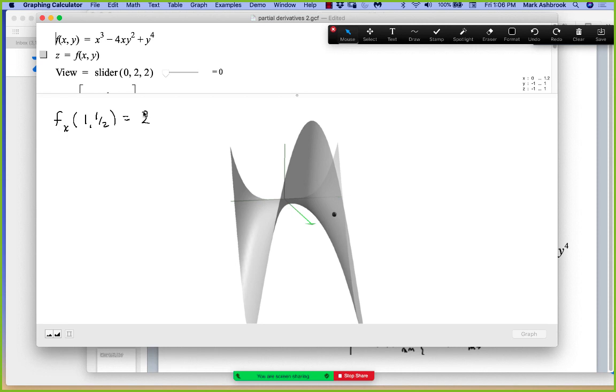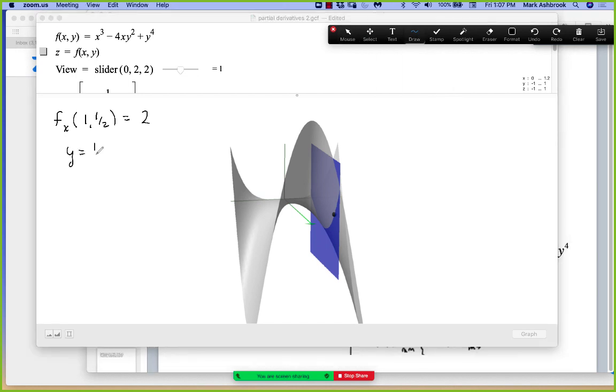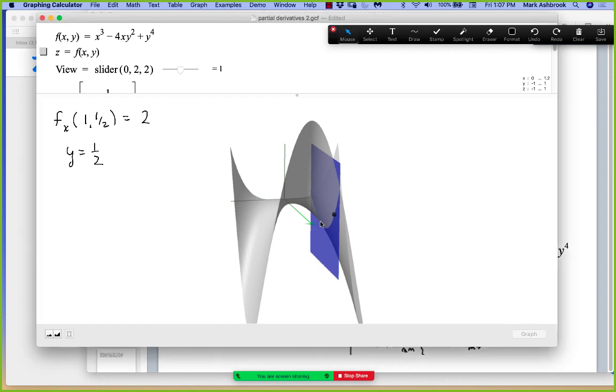So when we're looking at the partial with respect to x, we're going to hold y constant at 1/2. And here's that. So that blue plane is y equals 1/2. And so if we're talking about z with respect to x, we just stay on that plane. We look at the surface only on that plane where y equals 1/2.